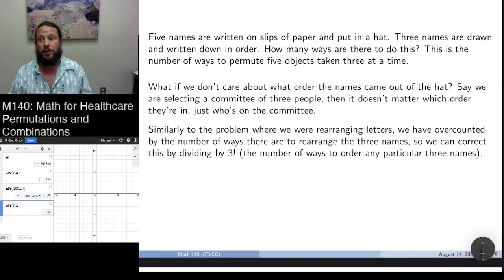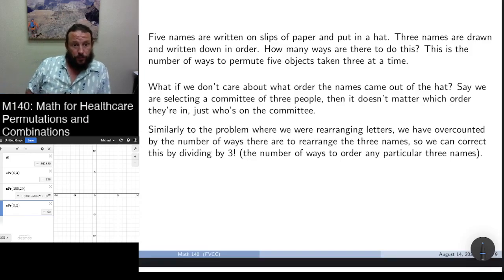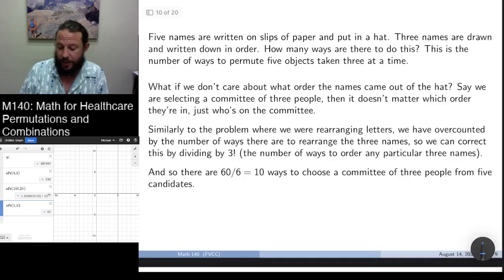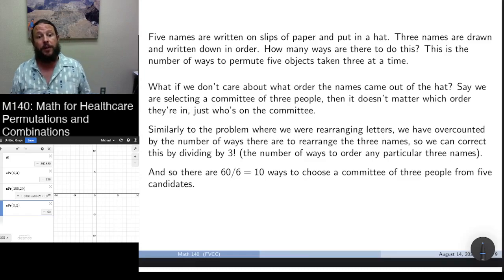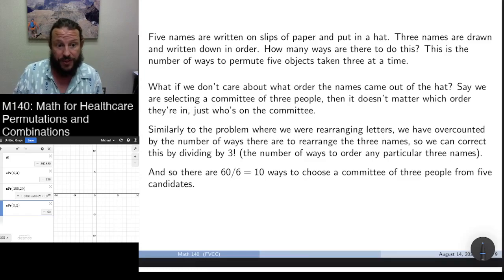This would be they're all the same. So here we want to divide by that 3 factorial, and we end up with 10 ways. 60 over 6, because 3 factorial is 6. Remember, there was 60 permutations of 5 things taken 3 at a time, and so we have 10 ways to choose a committee of 3 people from 5 candidates.